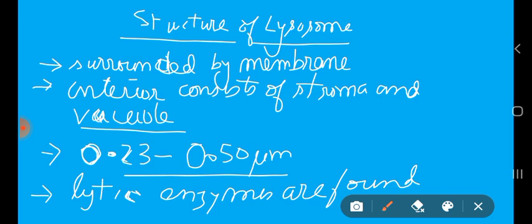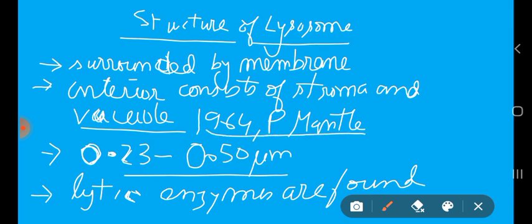It can be found in neurospora as well, which was discovered by P. Mantel in the year 1964. So in 1964, P. Mantel discovered the presence of lysosomes in neurospora.